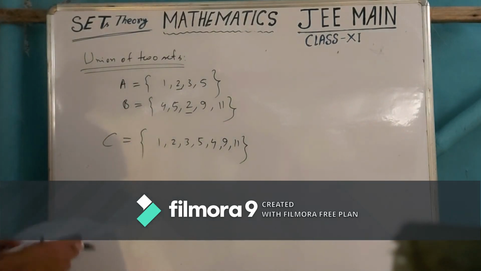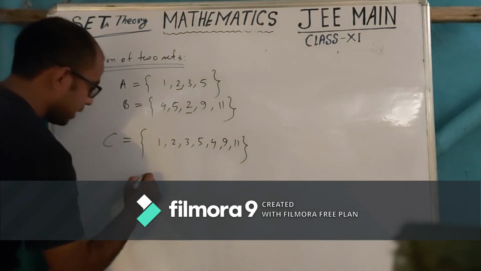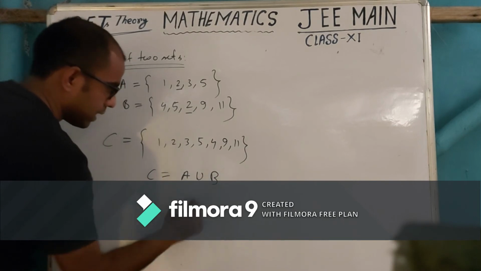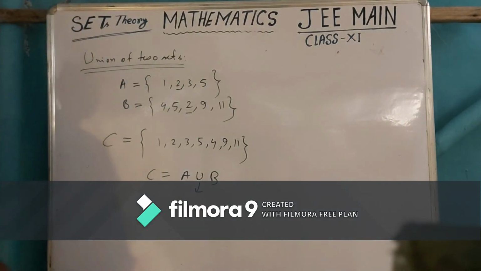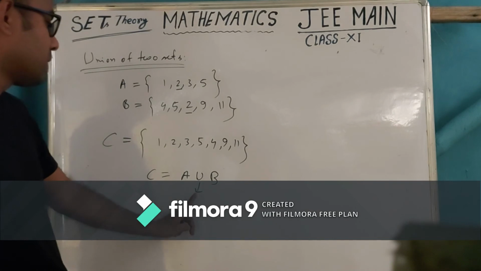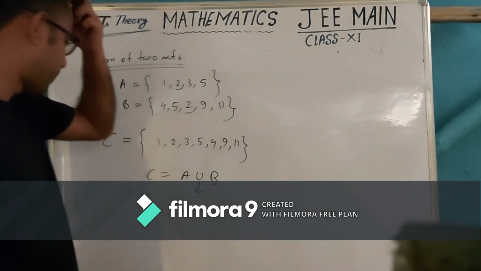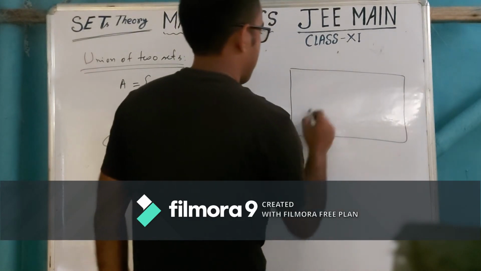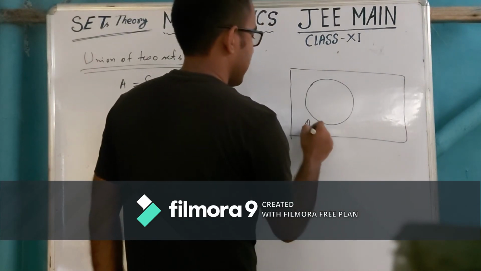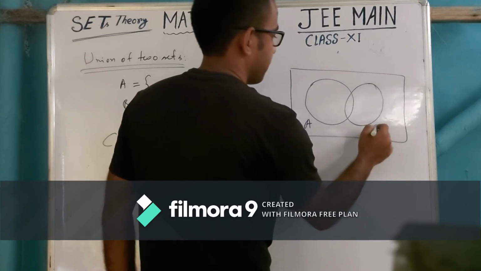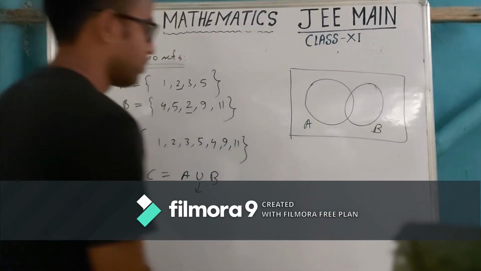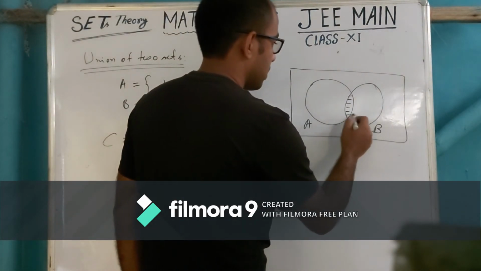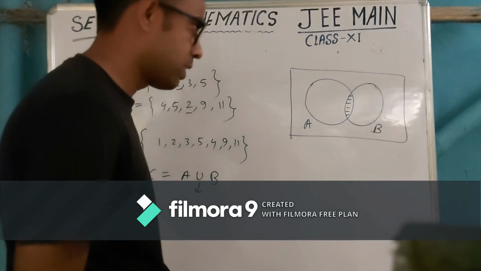Generally, C is equal to A union B. This symbol is called union. Suppose this is A and this is B. Here we see that this portion is the common portion of the two sets.